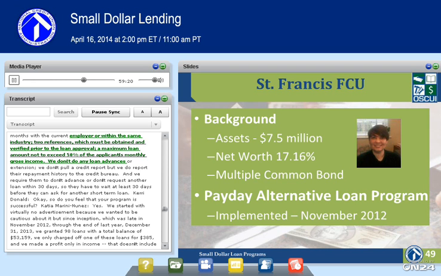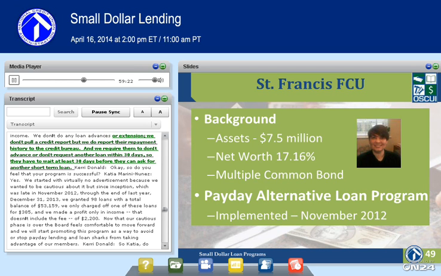We don't do any loan advances or extensions. We don't pull a credit report, but we do report their repayment history to the credit bureau, and we don't allow them to request another loan within 30 days. So they have to wait at least 30 days before they can ask for another short-term loan.